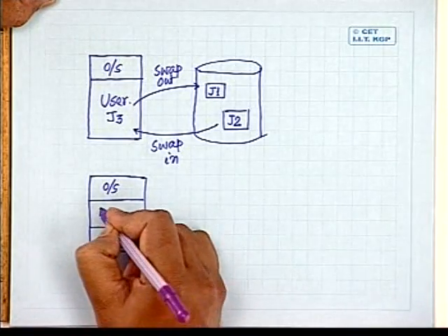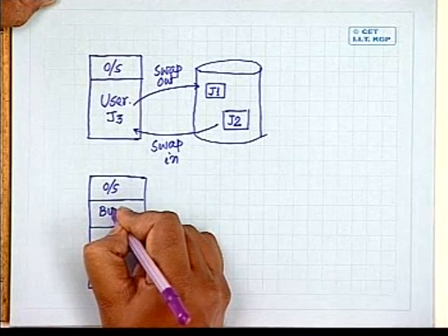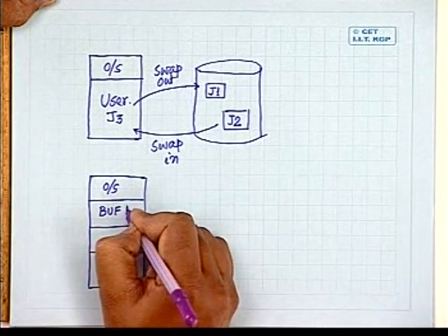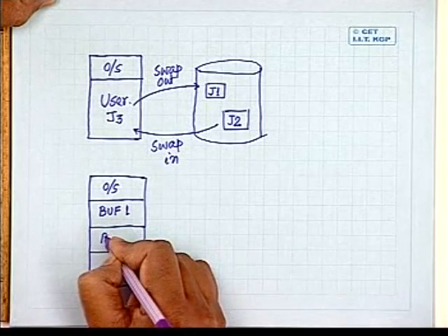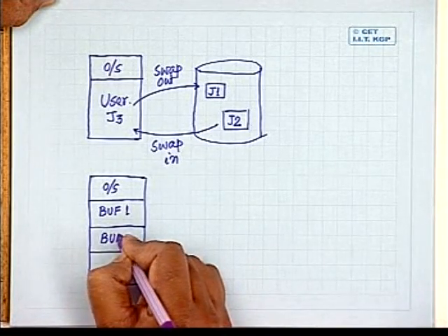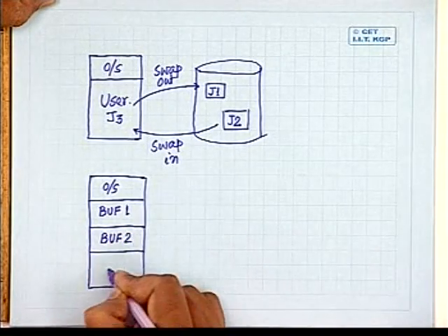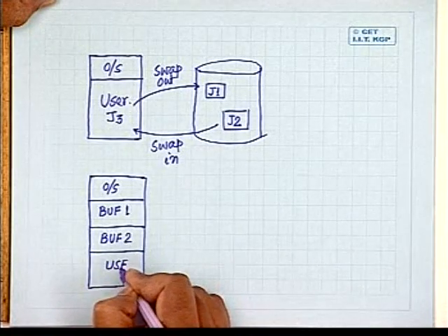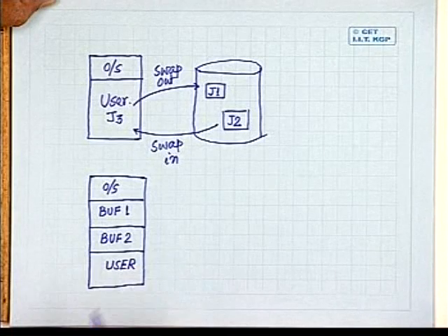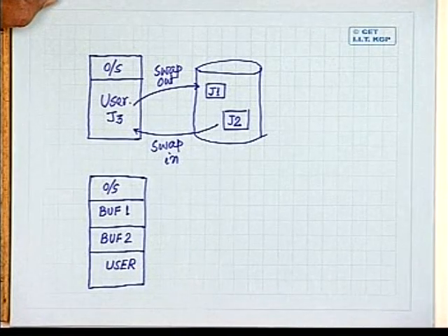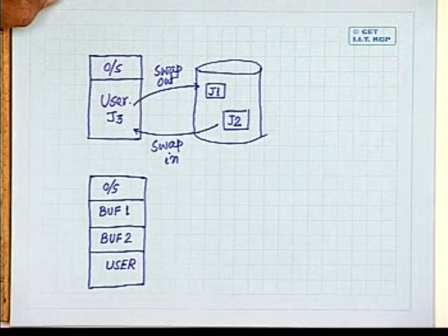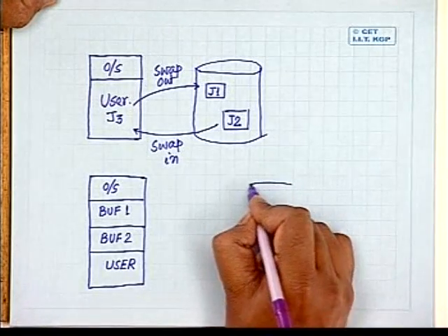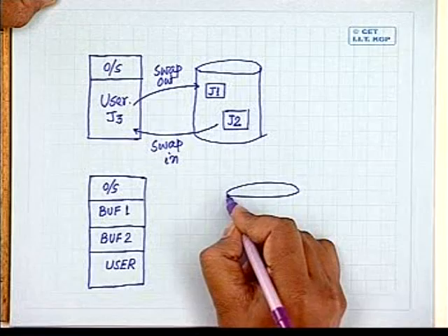One I call buffer area 1, this I call buffer area 2, and this is the actual user area, which contains the program that is currently active, that means the program being executed by the CPU. And obviously, as before, we have the secondary storage.